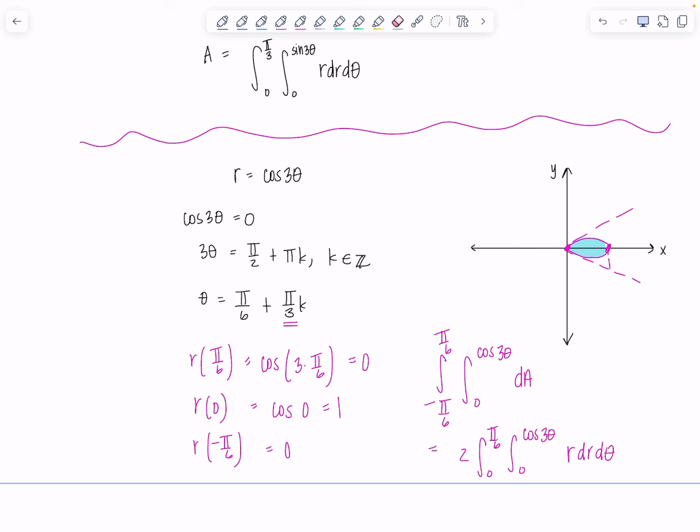But if you just remember, always set r equal to 0 and solve, you'll know at least how long it takes to trace out a petal, and then you can plug in some values for r to figure out which petal you need, so you can draw a petal. Okay. Good? Yeah.